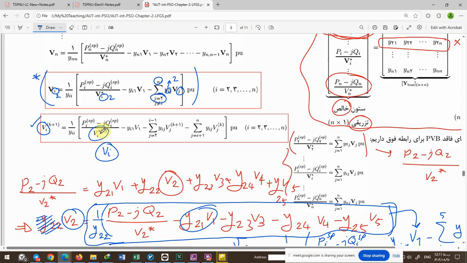Vi is unknown, but in the procedure of finding Vi, you use Vi again. Is it possible?